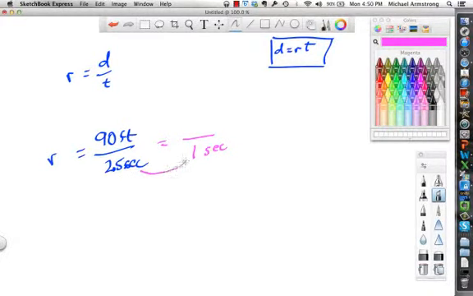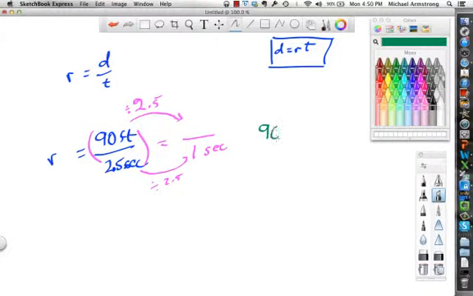To get from 2.5 to 1, we have to divide by 2.5. So to get the same thing on the other ratio over here is 90 divided by 2.5. We have to do them both by 2.5. So this shows you that it's 90 divided by 2.5 because a fraction is a division sign. I think you guys know that. You should.